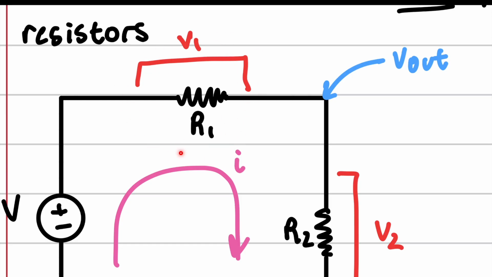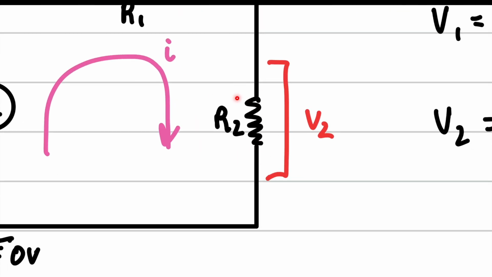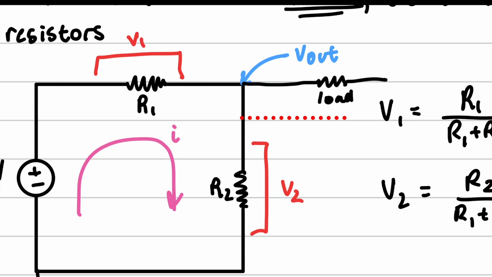So right here we have resistor 1 and resistor 2. And we can find the voltage between them, and we call it V out because a lot of the time you'll have another load, which could be a light bulb or a speaker or something like that.